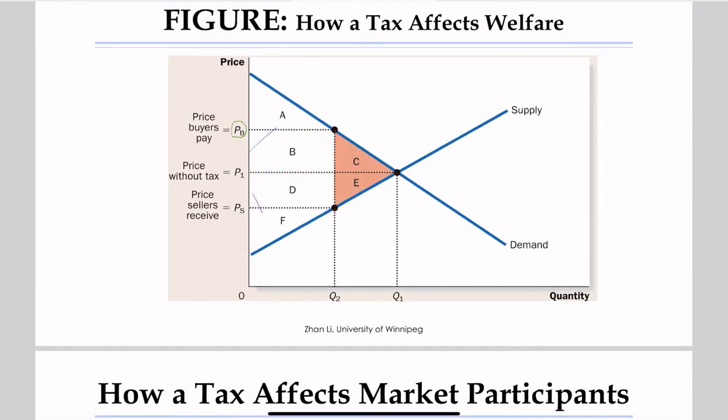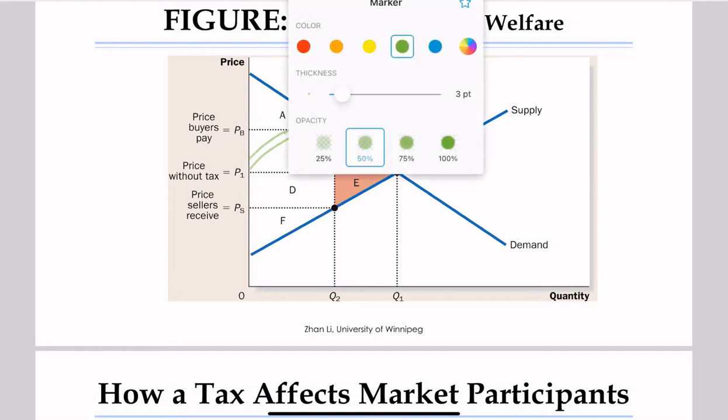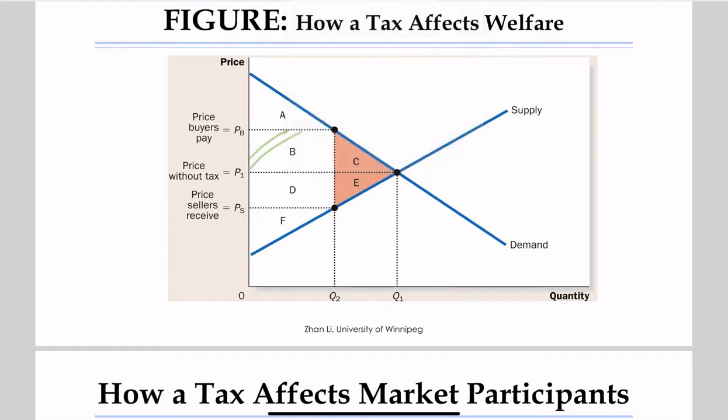So in this graph, what is the total reduced welfare from buyers and sellers? It is given by this green shaded area, right? Now, what is the tax revenue raised by the government?